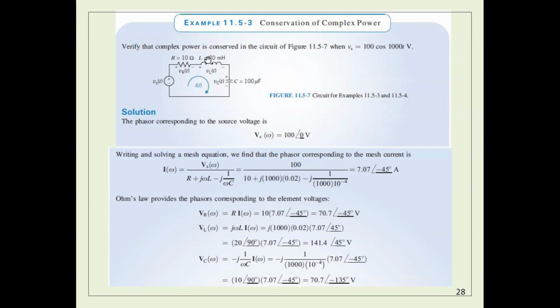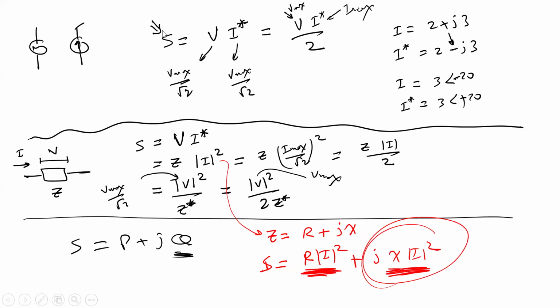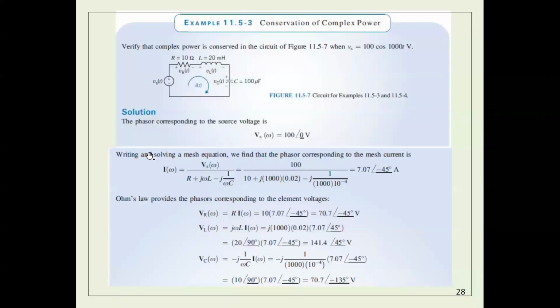Again, you don't need to do it this way. If you want to calculate the power here, if you know the current and you know the impedance, you can calculate the power without the need to calculate the voltage. Okay? Because I already have a formula here.